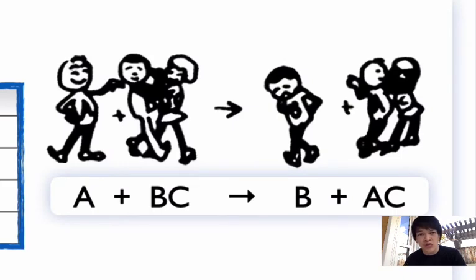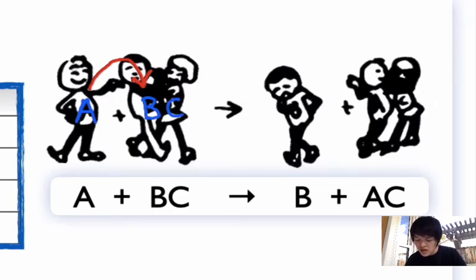All single replacement reactions will generally look the same, and it's actually in the name. So what we have here, it's kind of an analogy in dancing. We have a single A and a couple B, C. And in a single replacement reaction, basically the single thing is going to replace one of the other things in the couple.